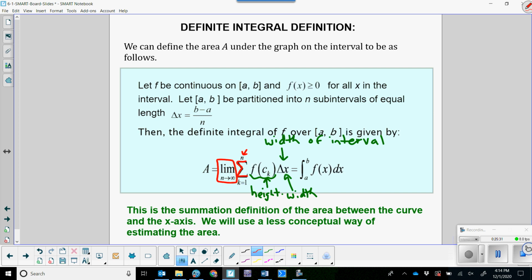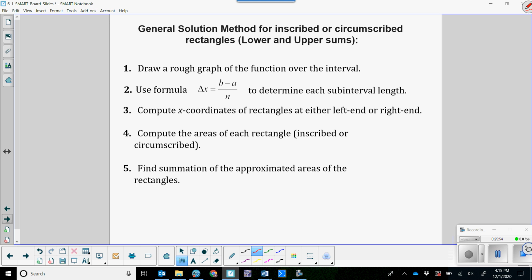And so you will get the exact area under the curve from A to B. Now, it's only area under the graph if the graph is above the x-axis. So we'll talk about how to be careful about that. This is area between the curve and the x-axis, okay? If it's underneath, it's going to be negative, and we'll talk about that in a second.